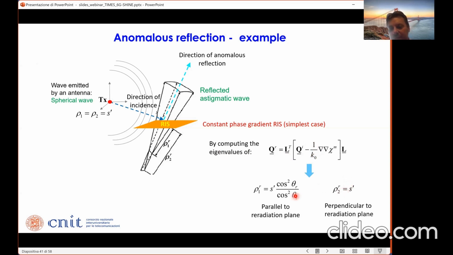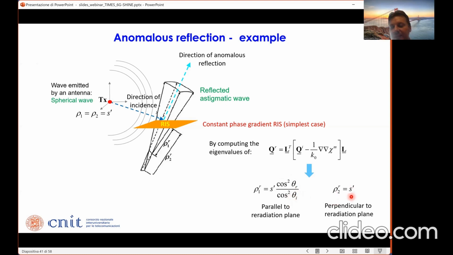So in the radiation plane, the curvature ρ1 R is different from the original curvature S prime because it's multiplied by this factor, the cosine of the radiation angle with respect to the normal to the square, divided by the cosine of the incident angle to the square.